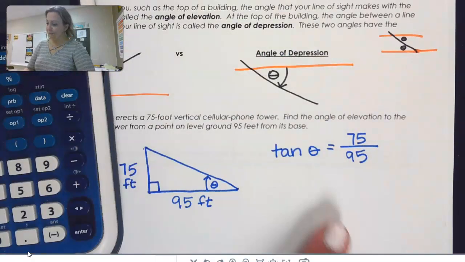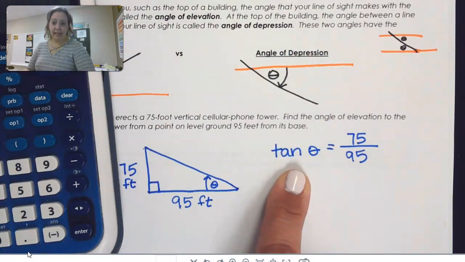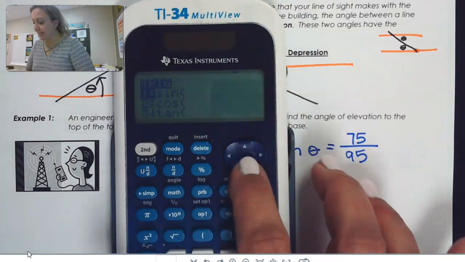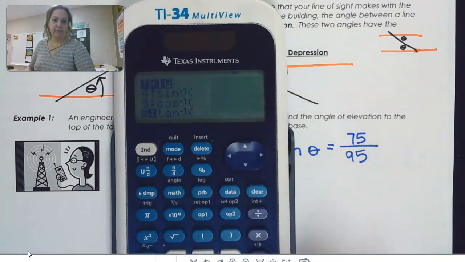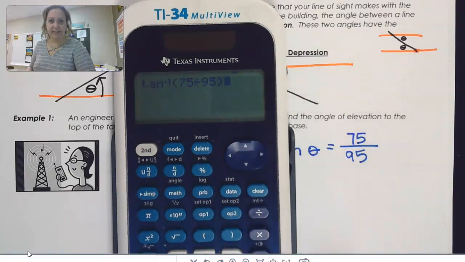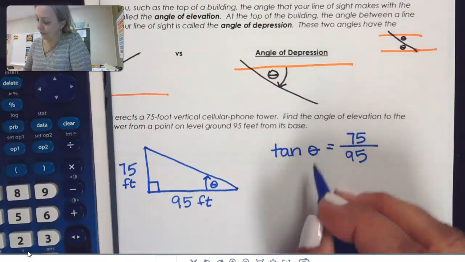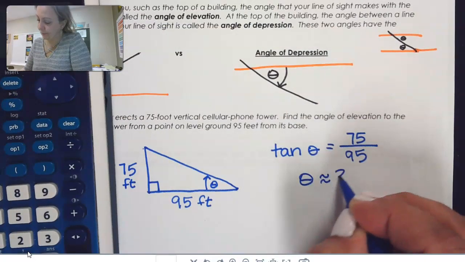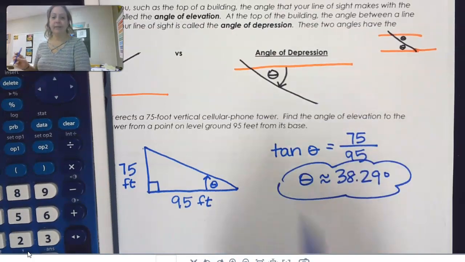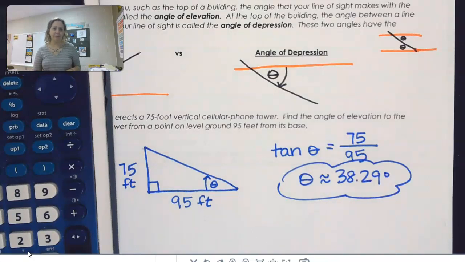To isolate the theta, we're going to do the inverse tangent of 75/95. And I end up with about 38.29 degrees because I was in degree mode. That's it. I know you guys have done problems like that before.